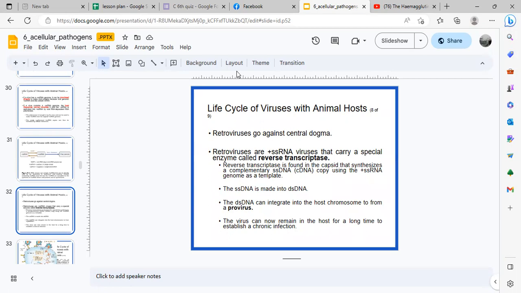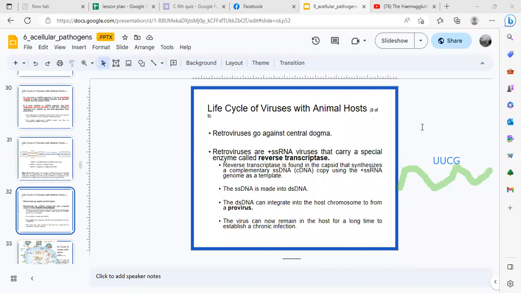So try natin mag-annotate ulit. So let's say we have the single-stranded RNA. Okay? So let's say you have, ano pang pwede? U, halimbawa U. Okay, U, C, G. Okay?